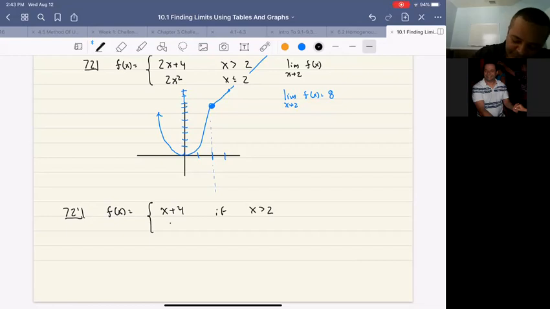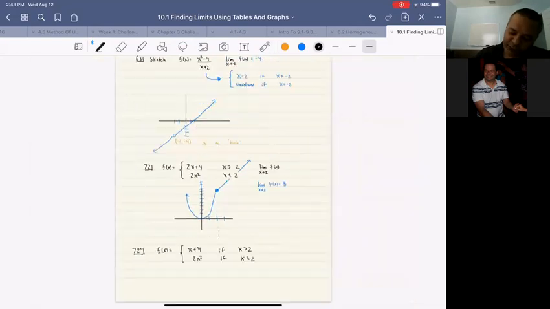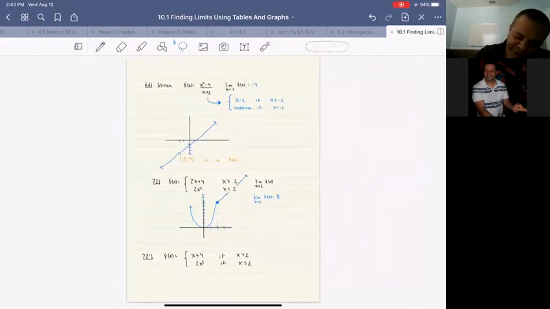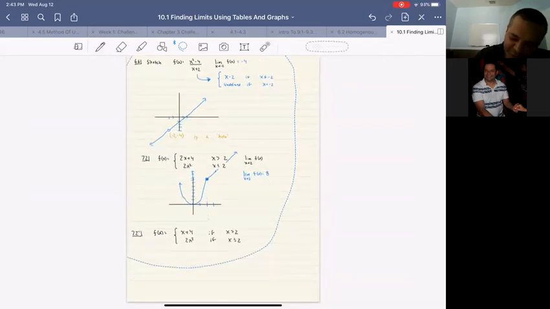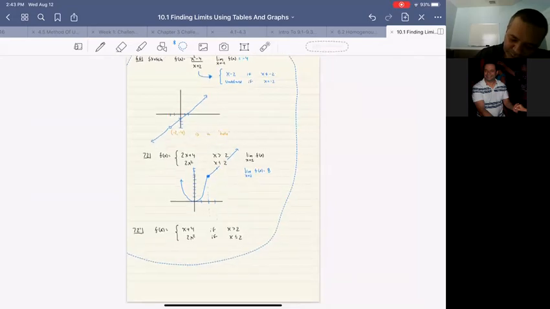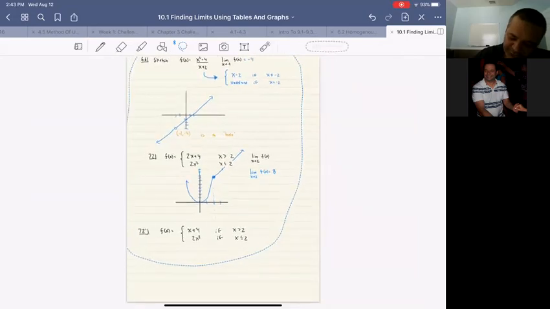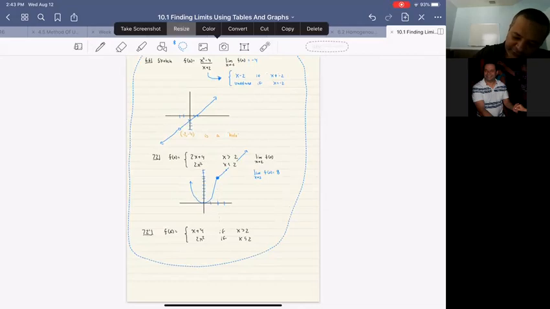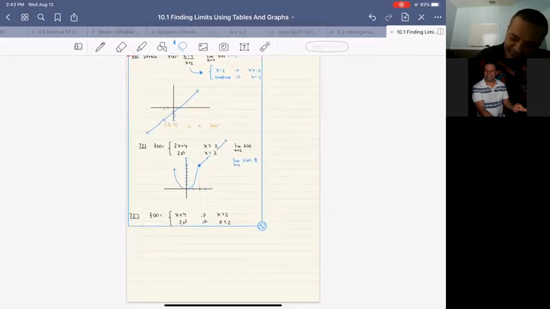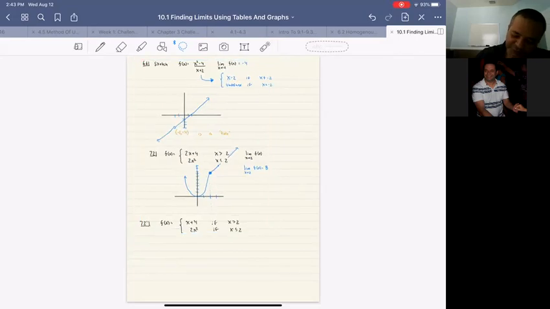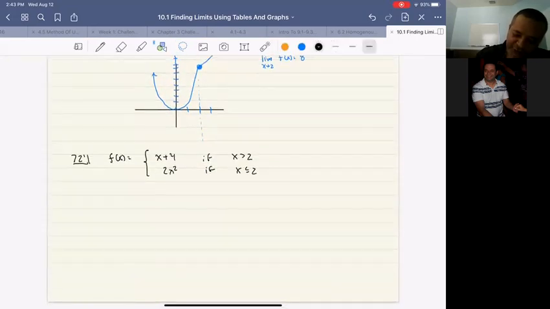And let's keep that 2x squared if x is less than or equal to 2. Okay, let's make this all a little bit smaller. Or actually, we can do it like this. There we go.